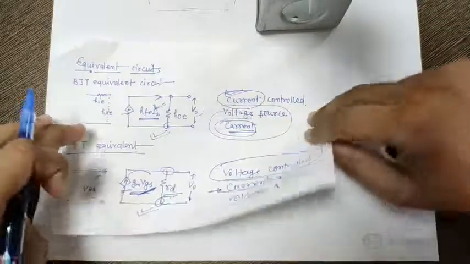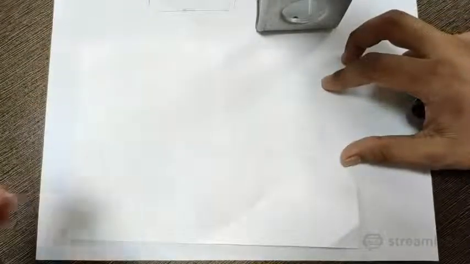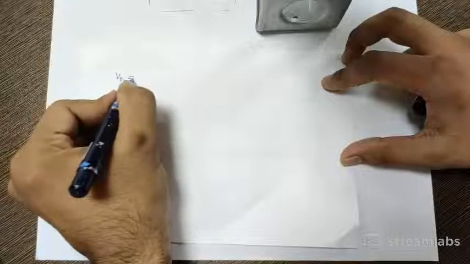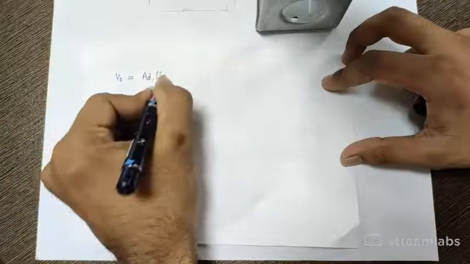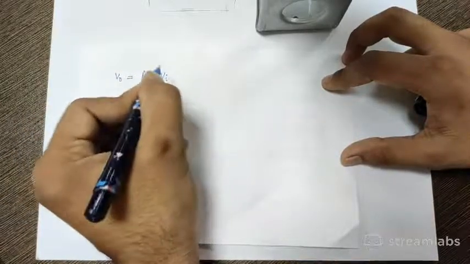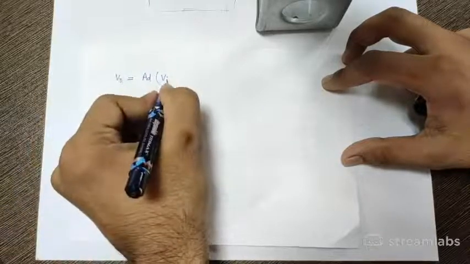What about the operational amplifier in equivalent circuit? In an OpAmp circuit, output voltage V0 is equal to AD into VI. You can say VI or V1 minus V2.